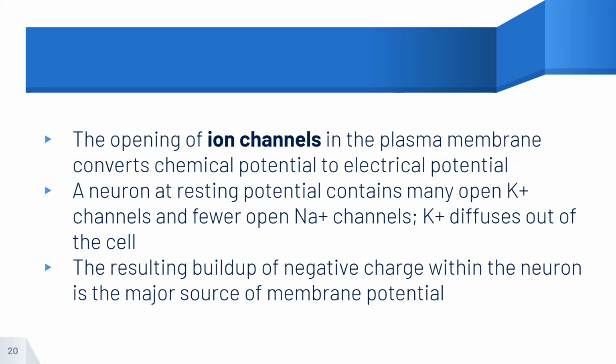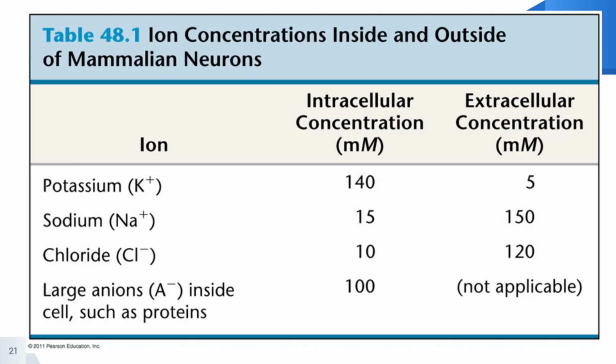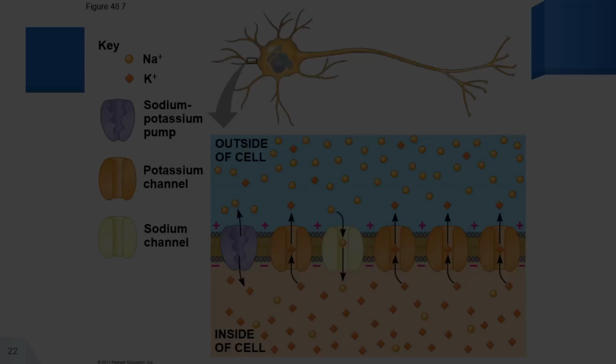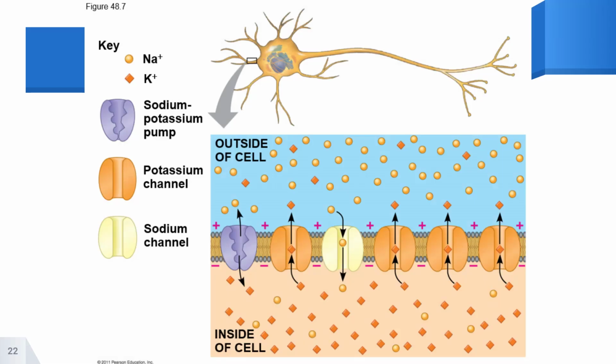And there are negatively charged molecules inside the cell, keeping it negative inside and positive outside. So normally you've got lots of potassium inside the cell, lots of sodium outside the cell, and then you've got large proteins and other molecules inside the cell, making it negative inside and positive outside.